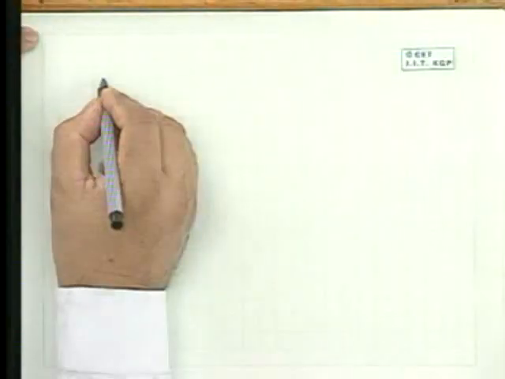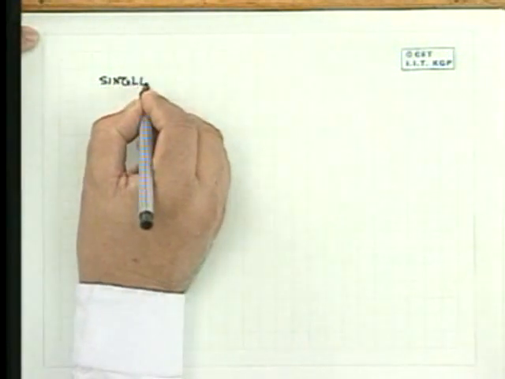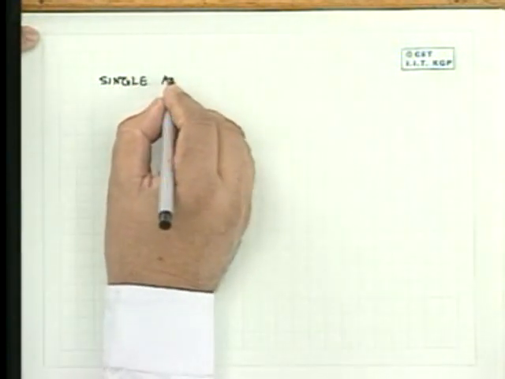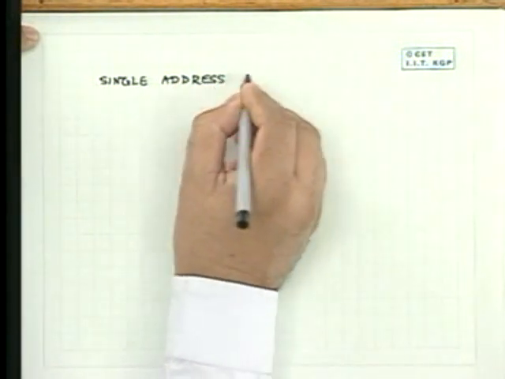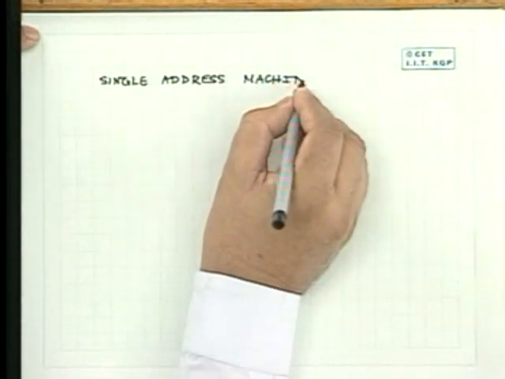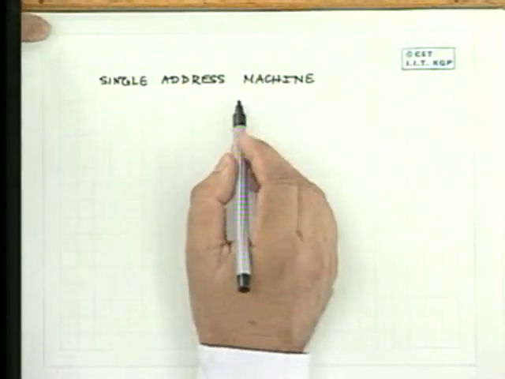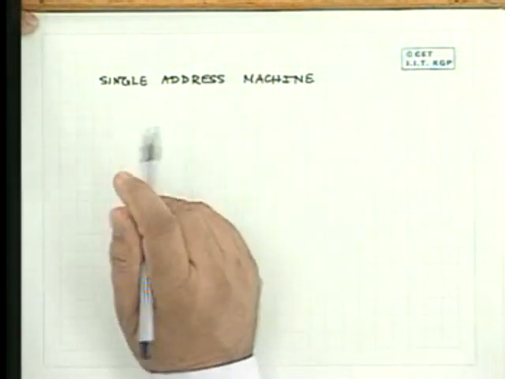Now, we had been talking so long about a single address machine. In the single address machine, as I say, at most one address of an operand you can specify.